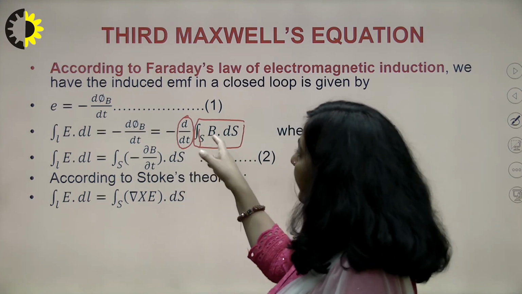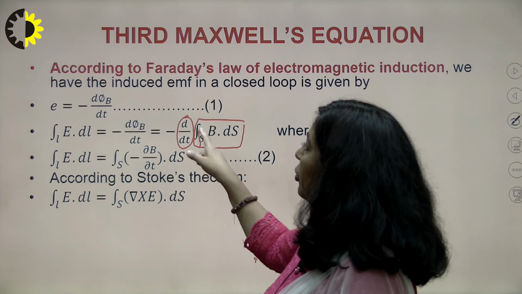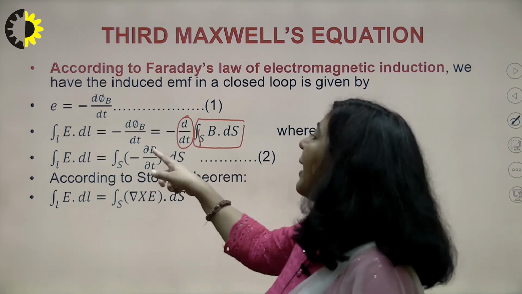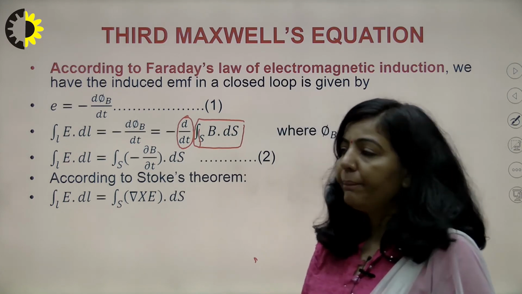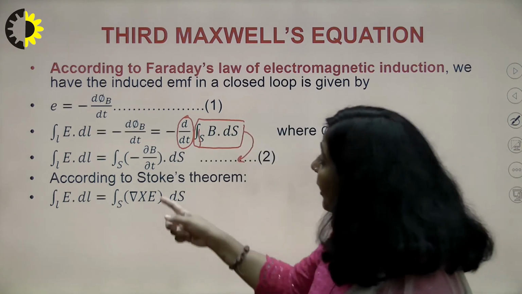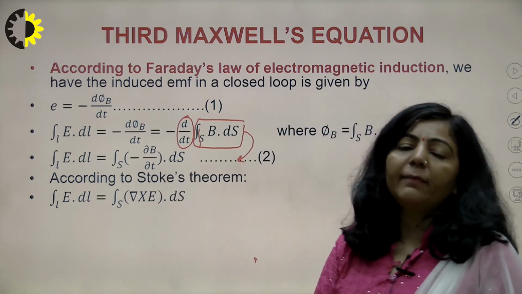So if you interchange, then you can write it as the surface integral of minus del B by del t. I hope this point is clear. And why am I writing the partial derivative here?